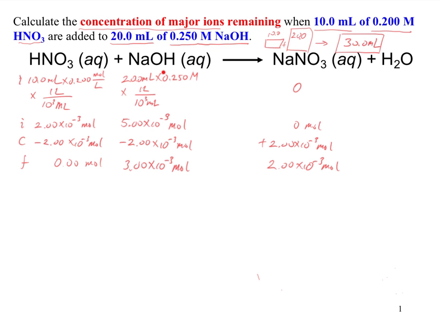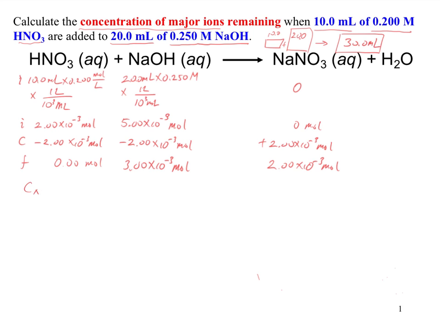But we have NaOH, sodium hydroxide, so therefore we have sodium cation, Na+, and hydroxide anion, OH-. And we also have sodium nitrate. Therefore, we have sodium plus again from sodium nitrate, and we have nitrate anion, NO3-, from the product.